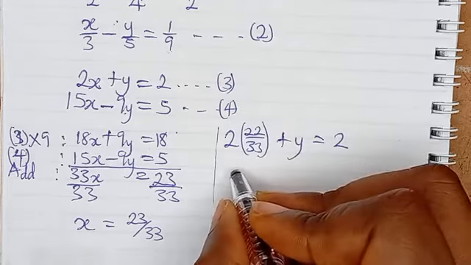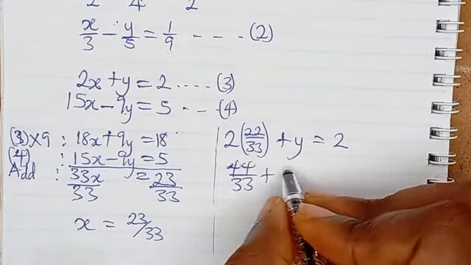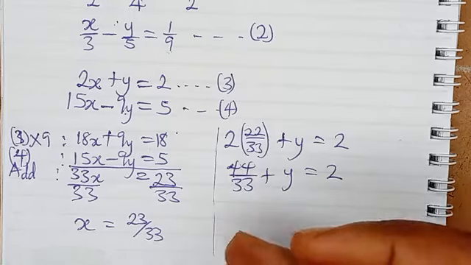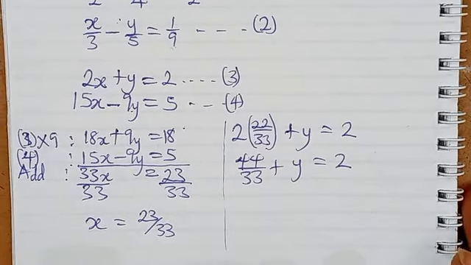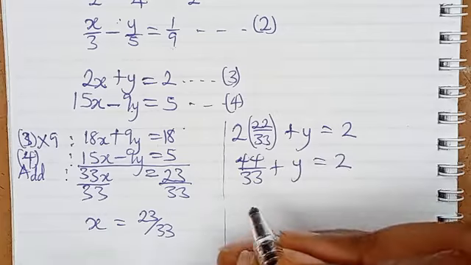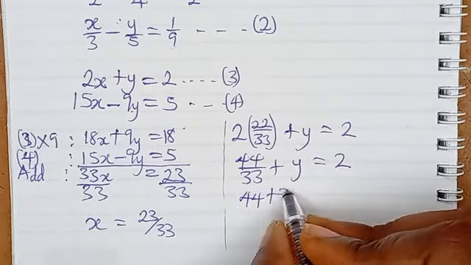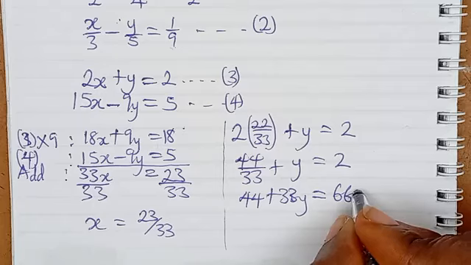We have 44 over 33 plus y is equal to 2. The same way we eliminated fractions by multiplying by the denominator, we can also do that here. We multiply all through by the denominator 33. So we have 44 plus 33y is equal to 66.